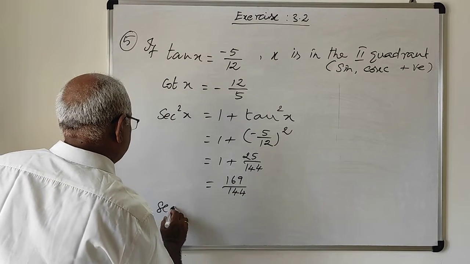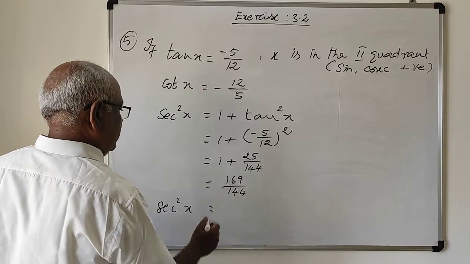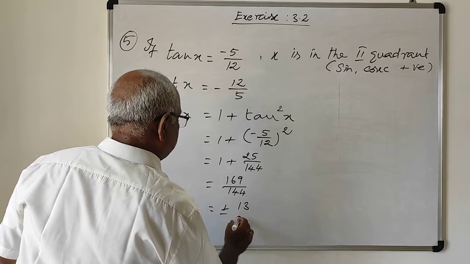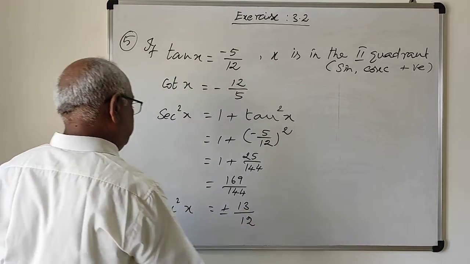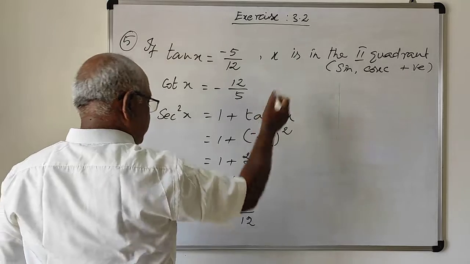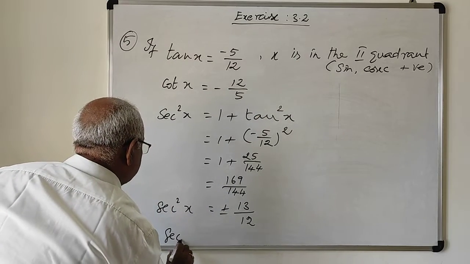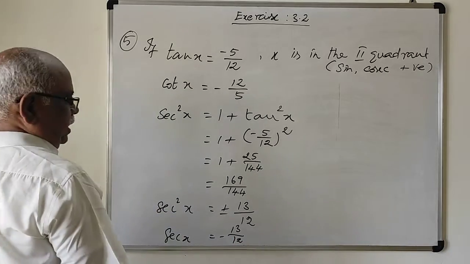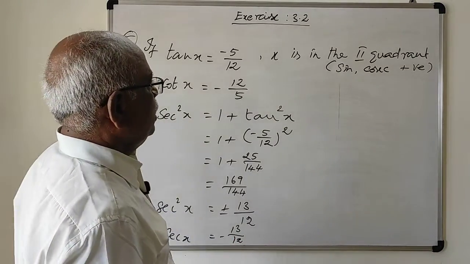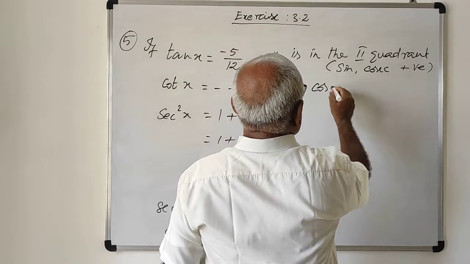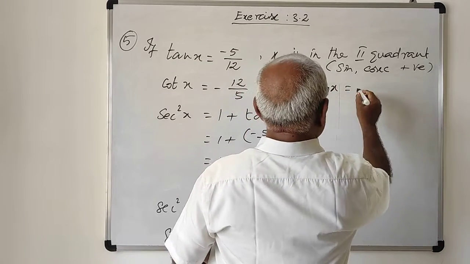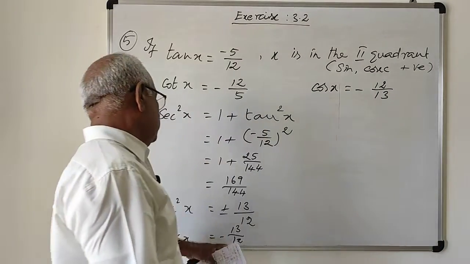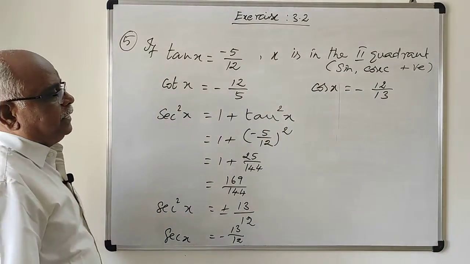Therefore, secant x is plus or minus root of 169, which is 13, by 12. Since in the second quadrant secant is negative, your answer for secant x is minus 13 by 12. From this, cos, the reciprocal of secant, is minus 12 by 13, because cos is also negative in the second quadrant.